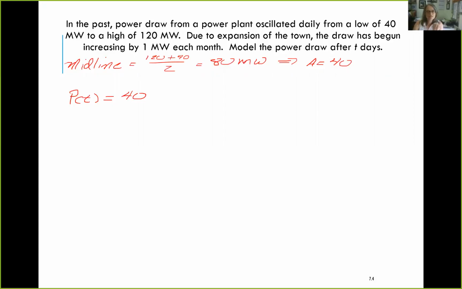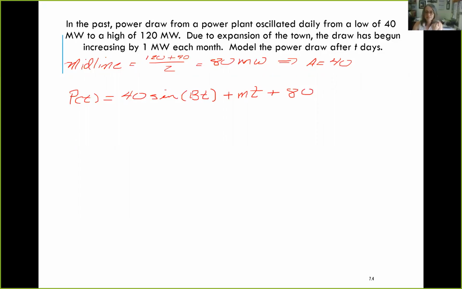So we're going to assume our day begins with a midline, because otherwise we have to make a decision. So we're going to use a sine, and we'll come back to the period, plus some slope, plus our midline, which is 80.